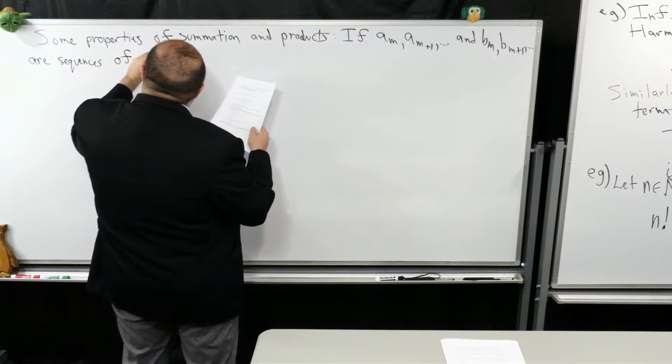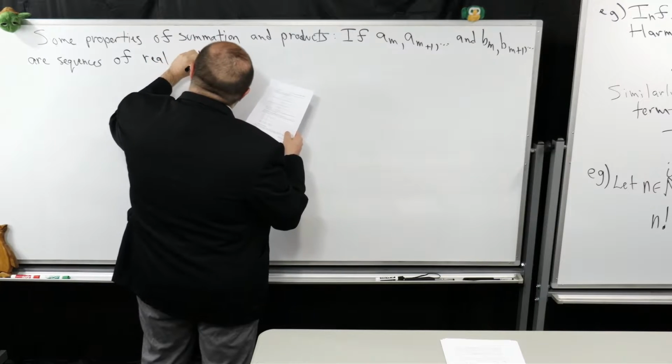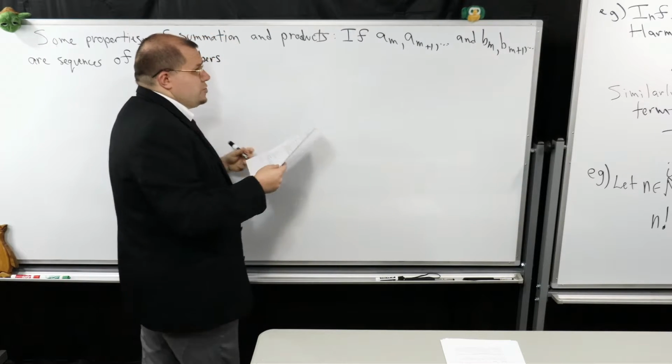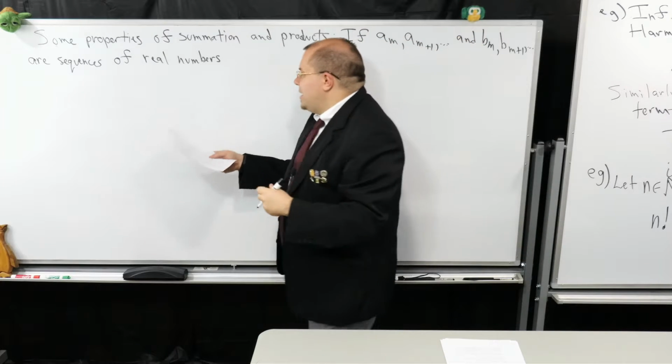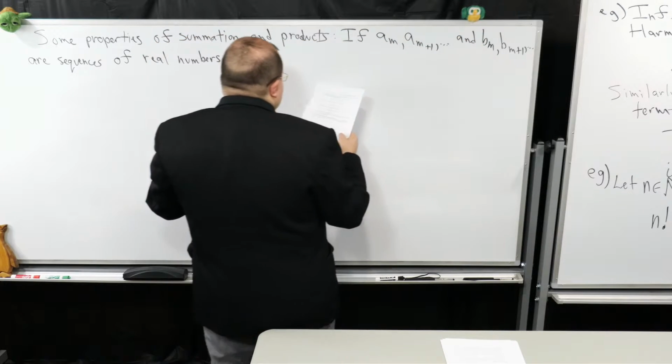So I'm going to keep this rather general. We're going to be talking about real numbers here. So these can include your counting numbers, rational numbers like fractions. It also includes the irrational numbers like square root of 2.